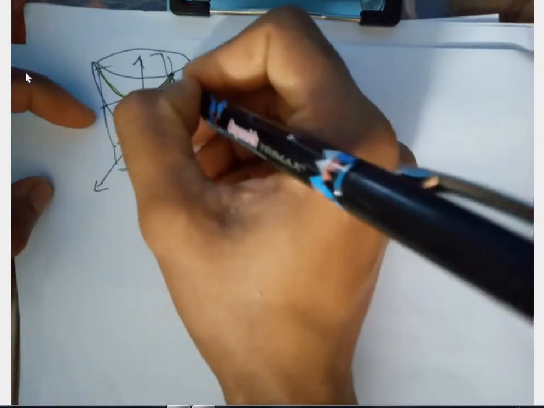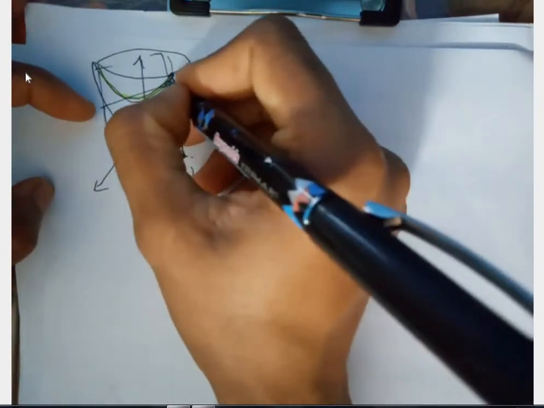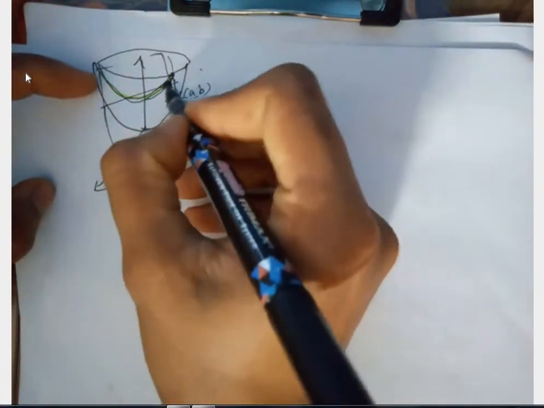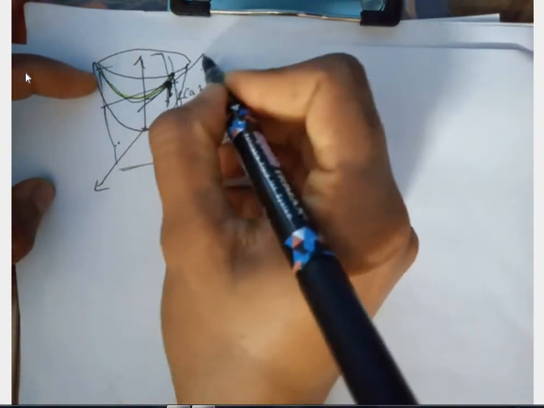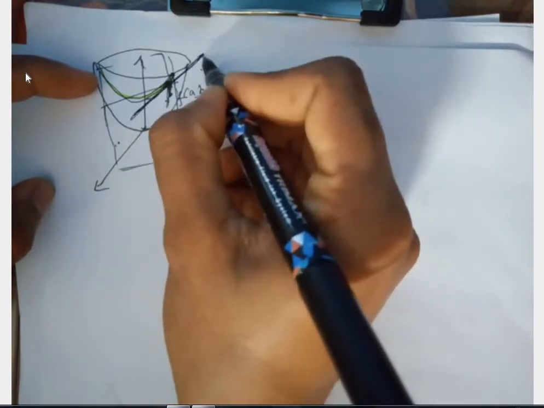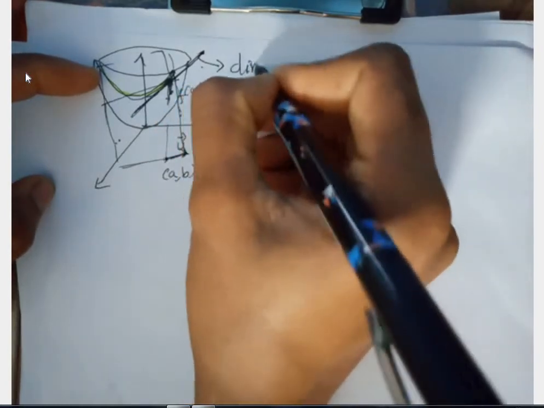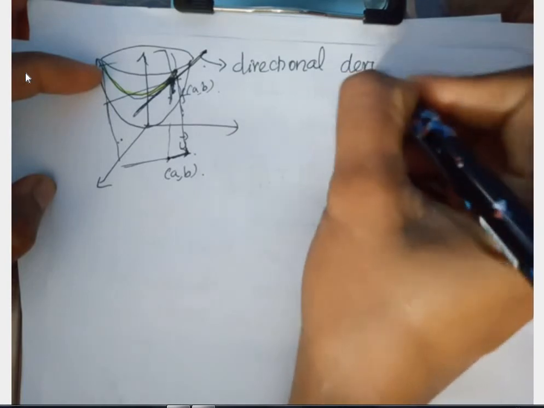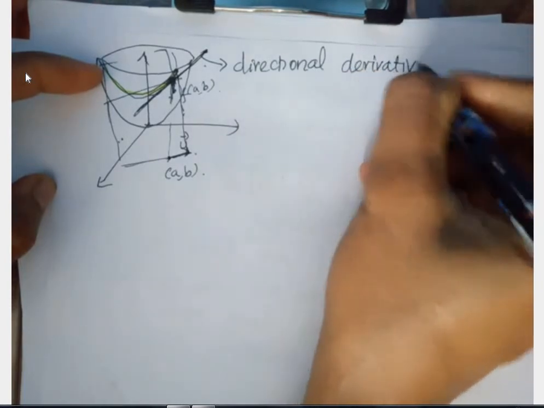Suppose this is the point (a, b) and this is its image. Next, we take the slope of the tangent at this point. This is defined as the directional derivative. This is the geometrical interpretation.